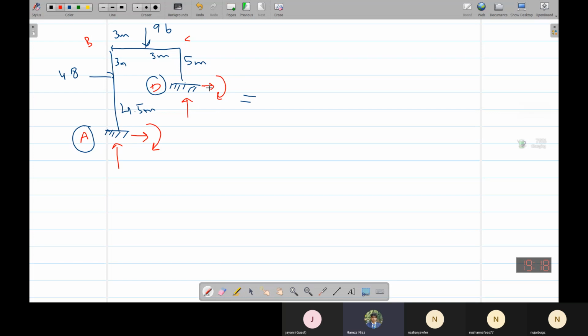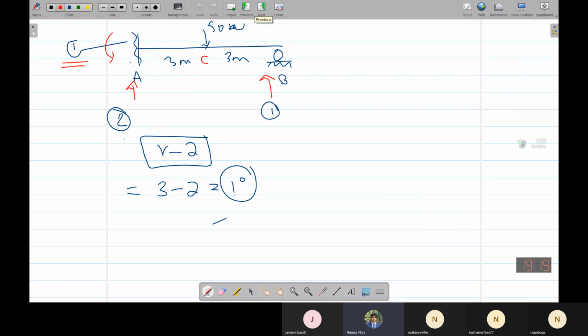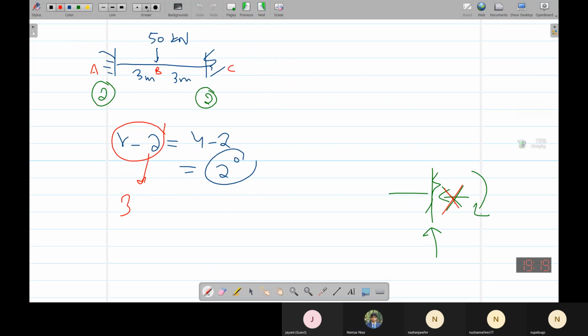We ignore the horizontal direction for beams because there is no axial force, but we consider it for frames. There are axial forces. So in a beam, our formula was R minus 2 because there are 2 equilibrium equations for beams. One is summation Fy equal to 0 and the other is summation of moment at a point equal to 0.